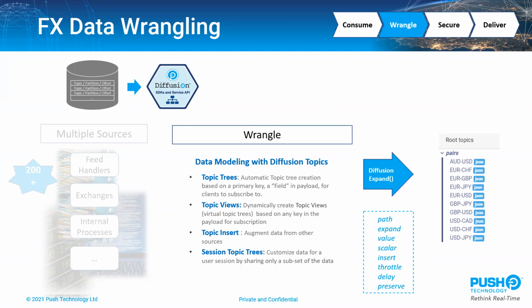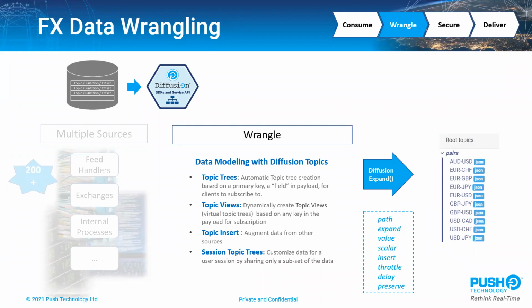We also have the ability to use pathing capabilities to explicitly go after a specific level of a topic tree itself. You have the ability to map specific values, specific elements inside of that topic tree. You have the ability to organize by what's contained within those topics using our scalar features. As mentioned earlier, you have the ability to throttle data as it comes in.